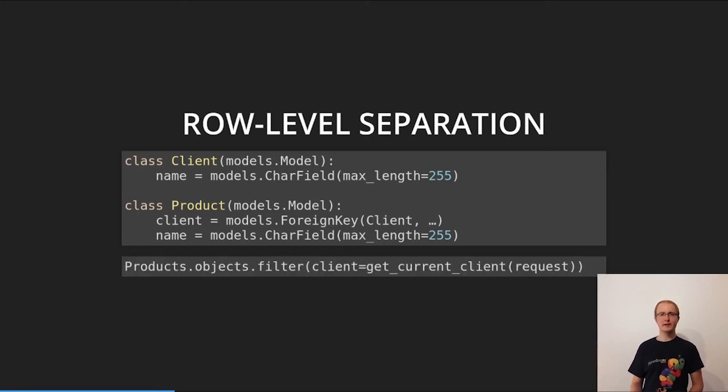And then whenever we need a list of products, for example, to show to the user, we just query all products filtered by the client that is currently active, either by looking at which user is logged in or by checking the domain that we were on or something else in our request.